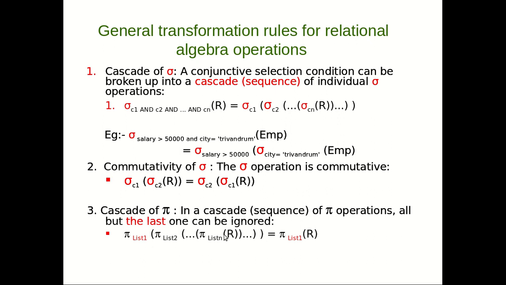First you apply list n, and last list 1. Therefore, the result should contain only that. You can replace this sequence of pi operations with a single pi or project operation. That is, let it be employee. First you project name, city, address. Next project is name, city. Next is name. Why? It is only just name. A single project operation is sufficient.